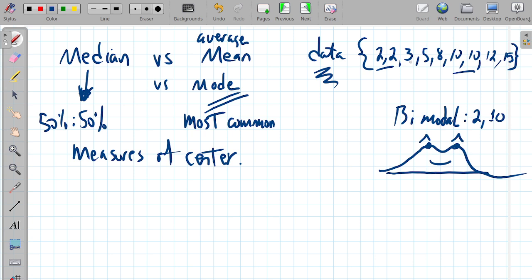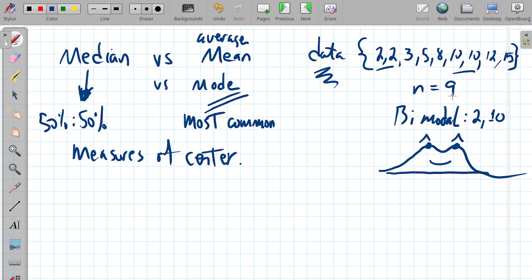You'll notice here there are 9 observations. Now there's a couple of different ways to compute the median. We are going to do this one by eyeballing it. If you have 9 observations, then the 5th observation is going to be the median.